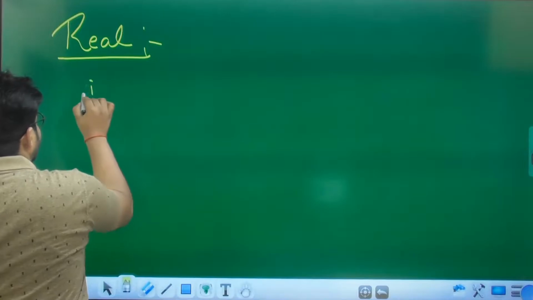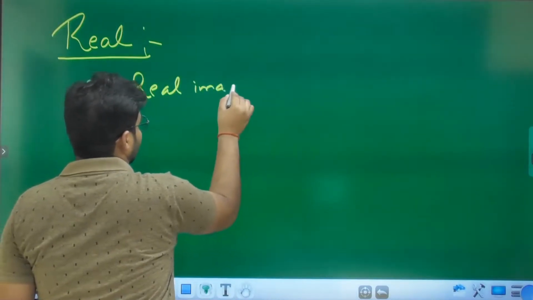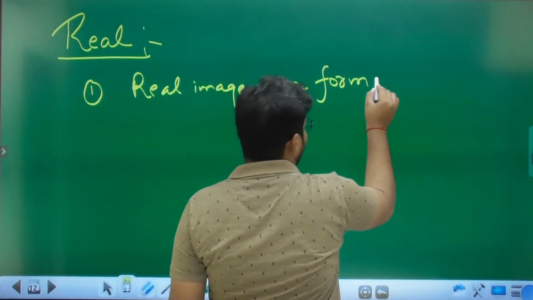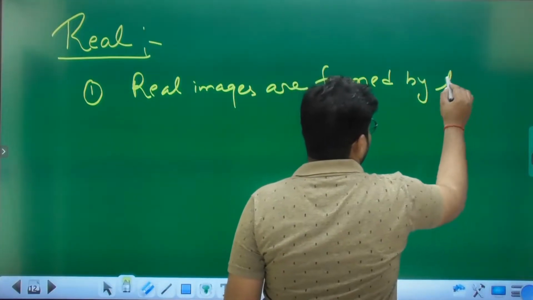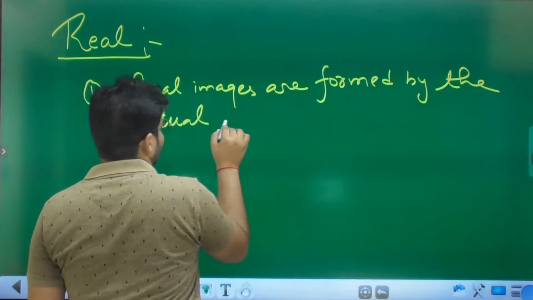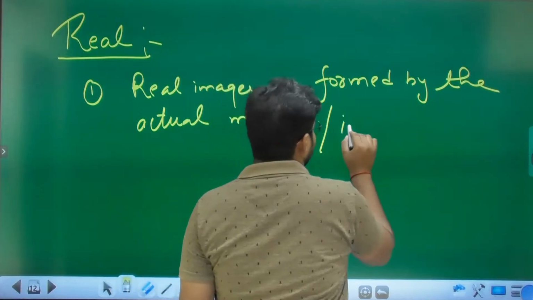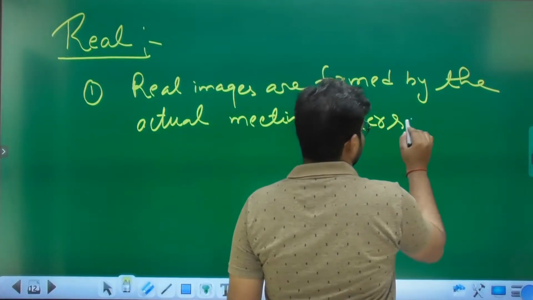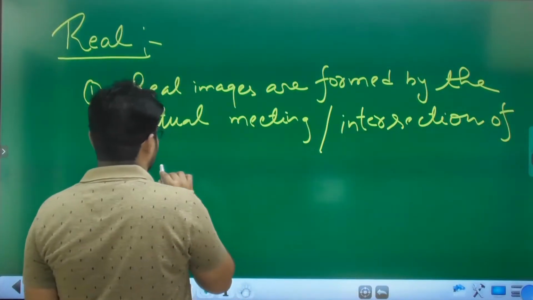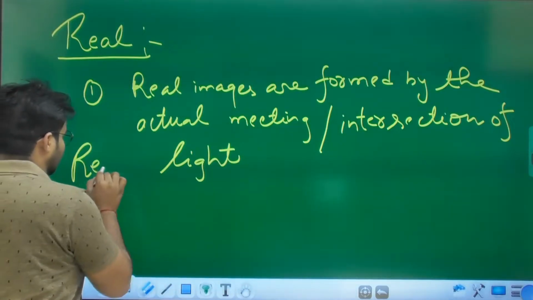So we will write here: real images are formed by the actual meeting or intersection of light or reflected rays.